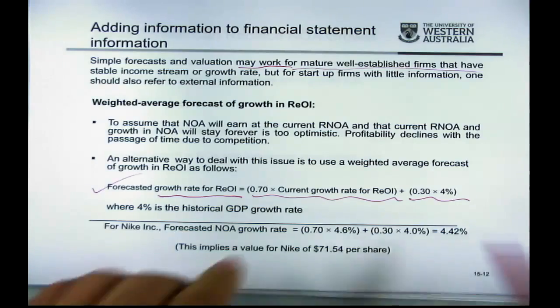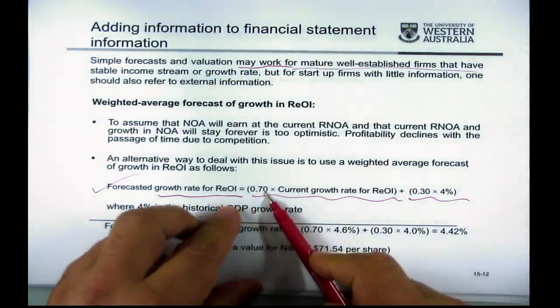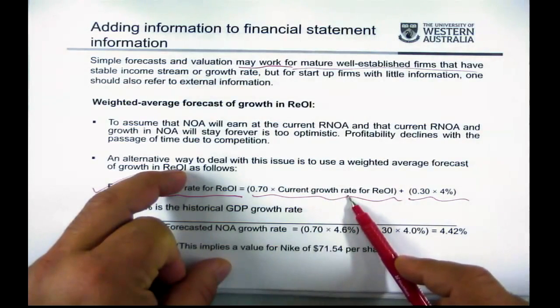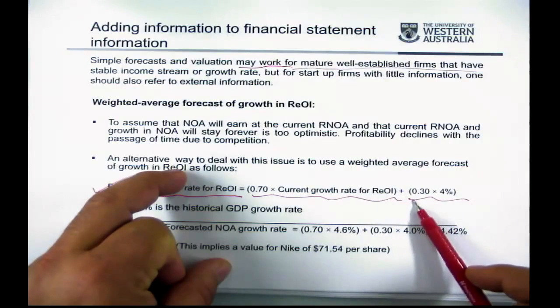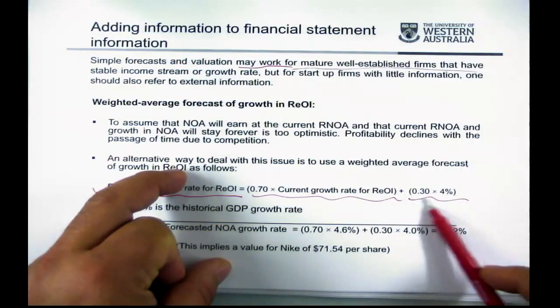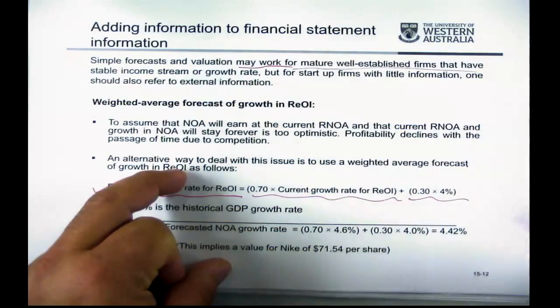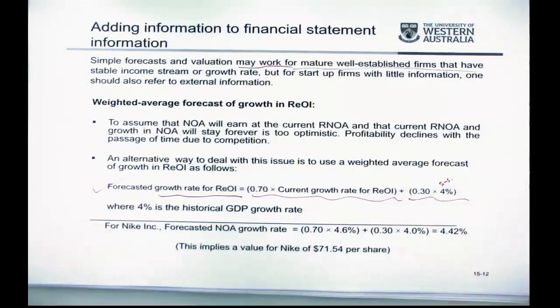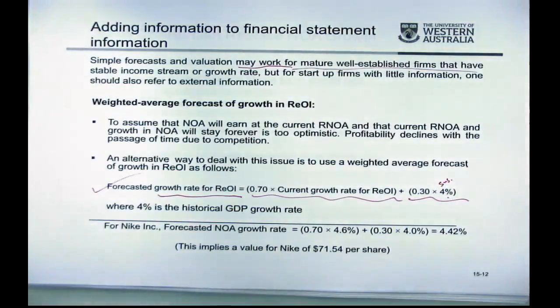Where, for example, the first weight is multiplied by the growth rate in the residual operating income, and the second weight is multiplied by the long run and sustainable growth rate. This is the long run growth rate.